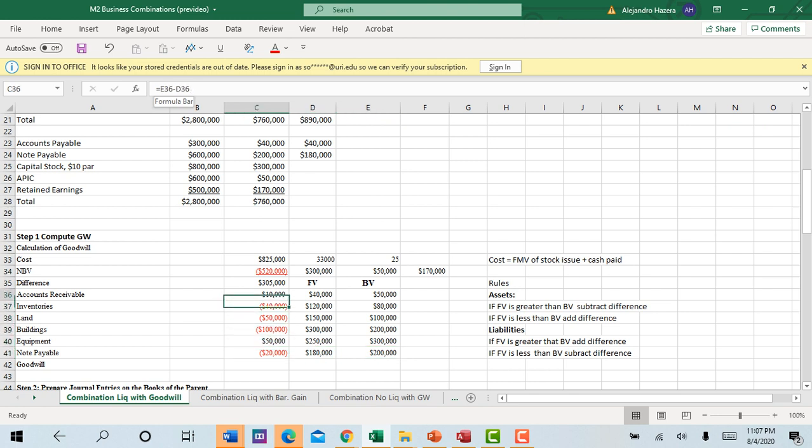So in a sense, what you're doing is subtracting amounts that cause the net assets of your company to be worth more. If your assets are greater, like in these three cases, your company is worth more. If your liability is less, your company is worth more. So this difference is an overpayment. These 4 red negatives are reasons why you would pay more. And the 10 and 50 are reasons why you would pay less.